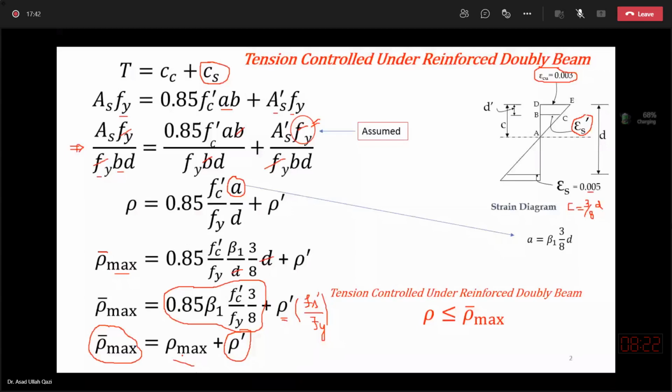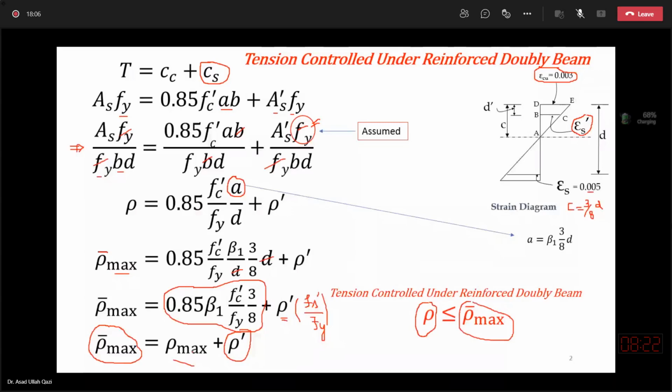Now in making the classification, the idea is the same. For the given cross section, calculate the area of tension steel, divide it by b into d effective area, get rho of your section, then calculate rho max of the doubly beam from this equation.